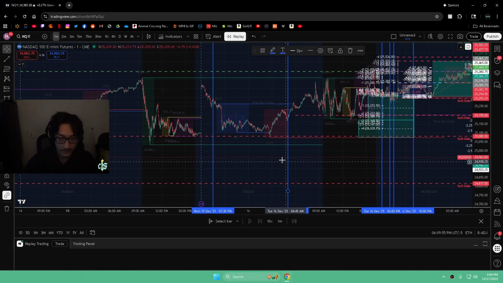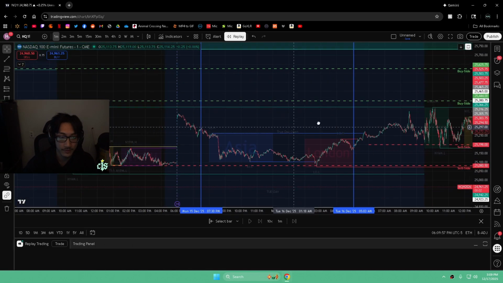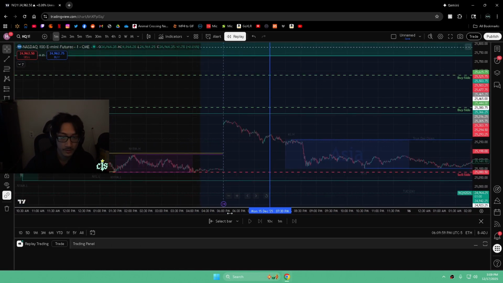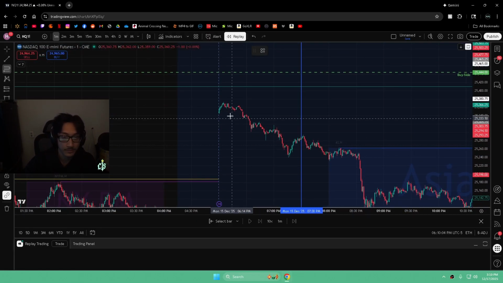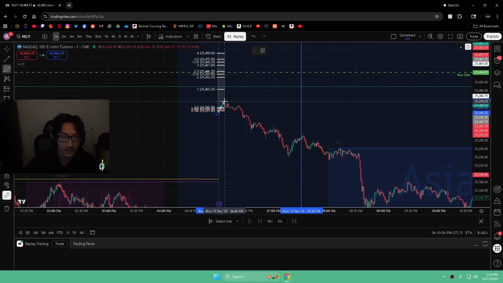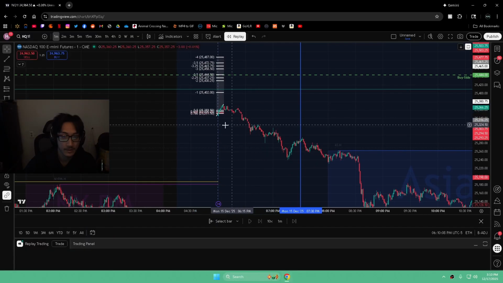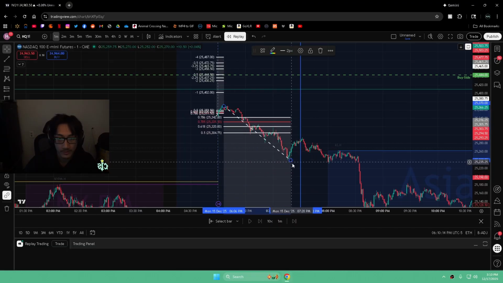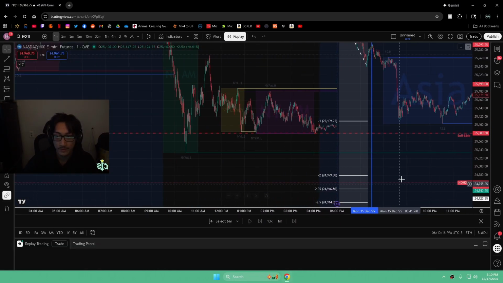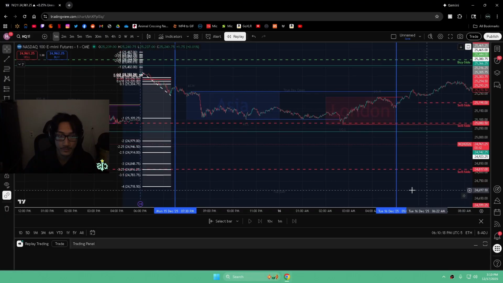Every time market opens, I draw the fib. Alright, candle wick to candle wick. And then for this one, it would be candle wick to the low, I believe.